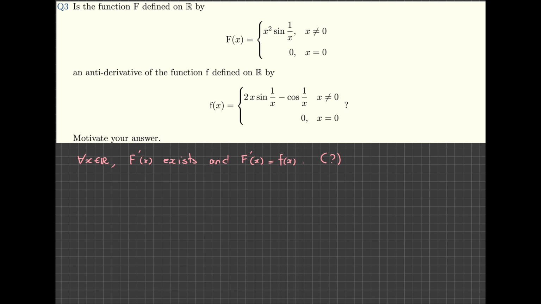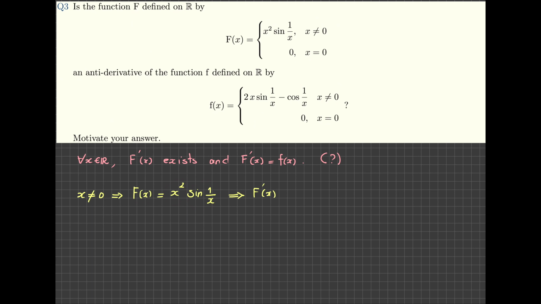Okay, so we say that if x is not equal to 0, then the function capital F of x follows the first rule, that is x squared sine of 1 over x. So in that case, capital F is differentiable if x is not equal to 0 because this function is a product of two functions, and each one of these functions is differentiable if x is not 0.